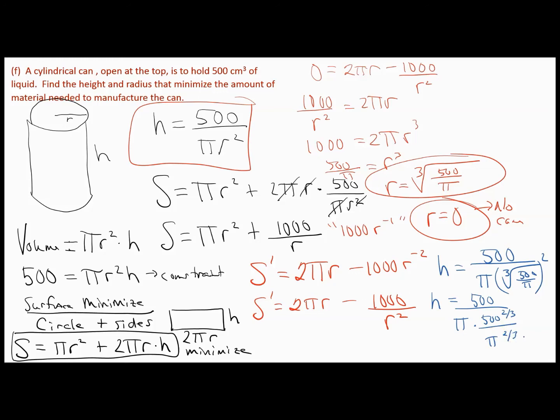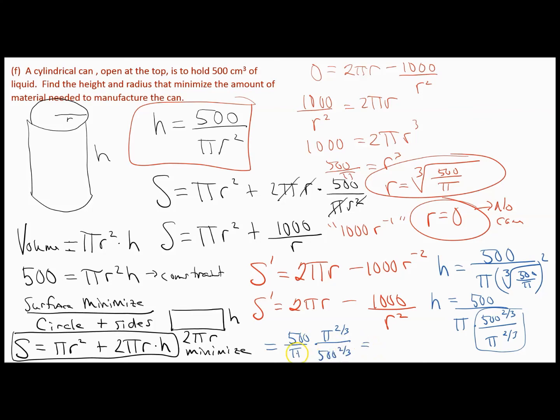I think that's a little bit easier to deal with. Now, you could flip that, so that's going to equal, you know, I'm determined to get it all on one page. I'm flipping this fraction to multiply. It's 500 over pi times pi to the 2/3 over 500 to the 2/3.